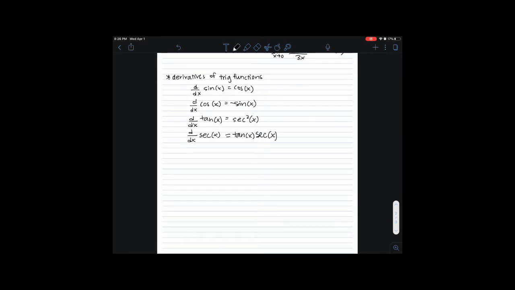Let's see here. I want you guys to remember that velocity is just the derivative of position, but that is instantaneous velocity.